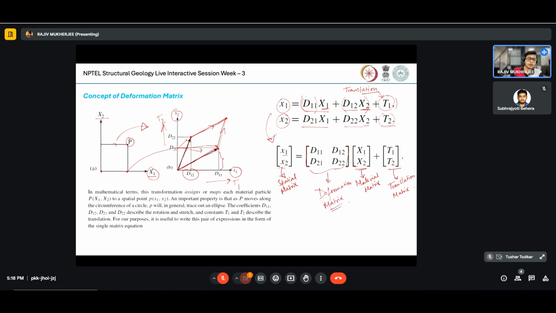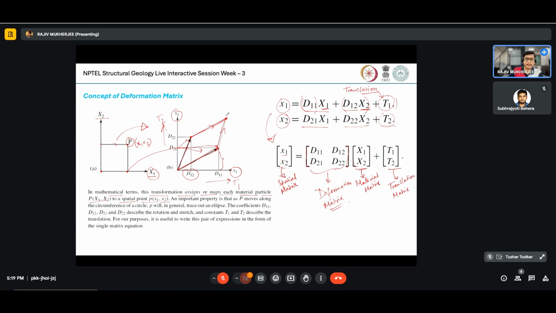Right. So in mathematical terms, this transformation assigns or maps each material particle P with coordinates capital X1 and capital X2 to a spatial point P with small x1 and small x2 through the components of d11, d12, etc. So P was here, which was capital X1 and capital X2.